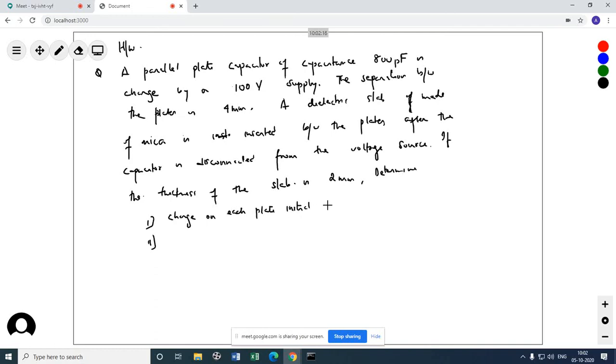Initially, when charged by the supply, charge on each plate when it is disconnected, and dielectric is inserted.